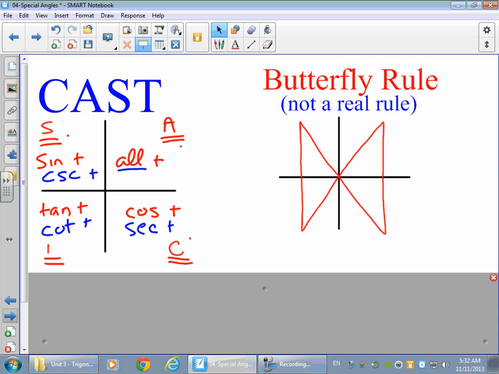A little introduction here to what I call the butterfly rule. Again, it's not a real rule. If you tried to look that up in the back of a math textbook, I assume you're not going to find it, unless it's one that I've written, and I don't think any of those exist.